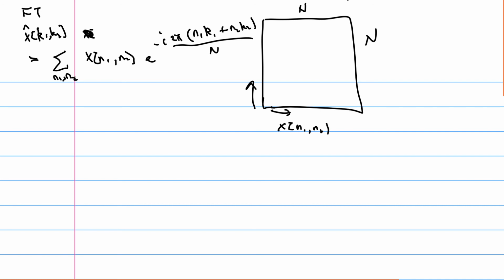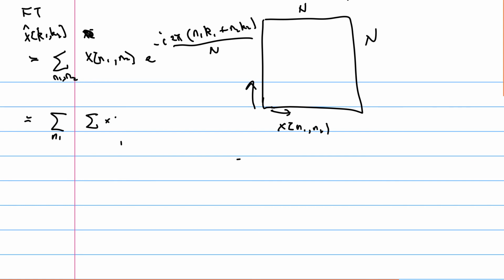So first thing I want to say is that this thing is separable. If you remember, we had a filter earlier, and I can rewrite this, maybe I put it down here.